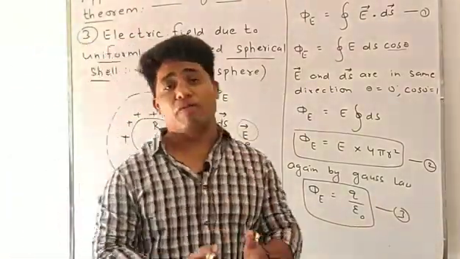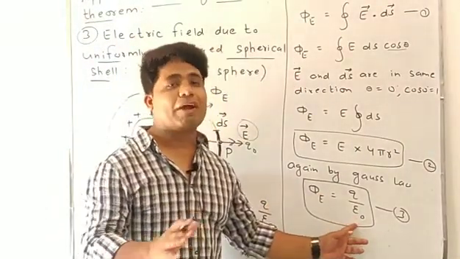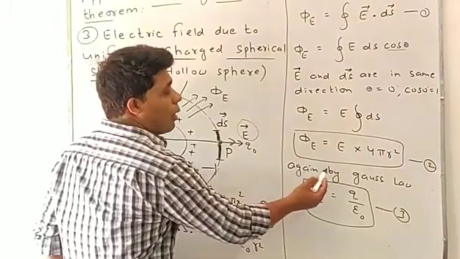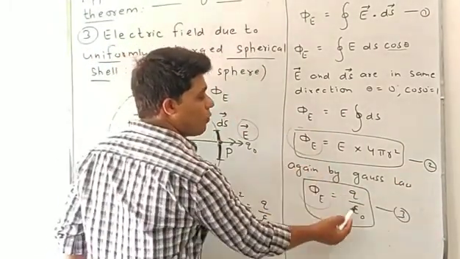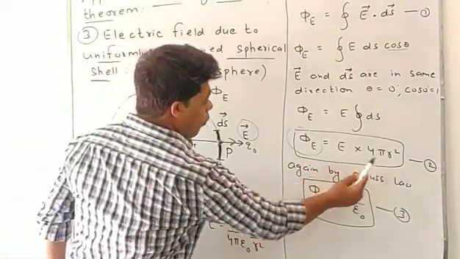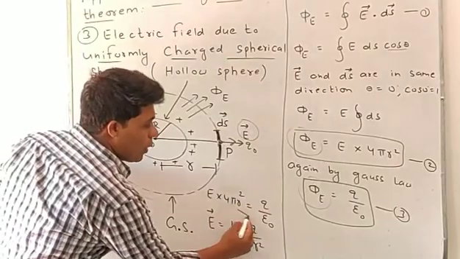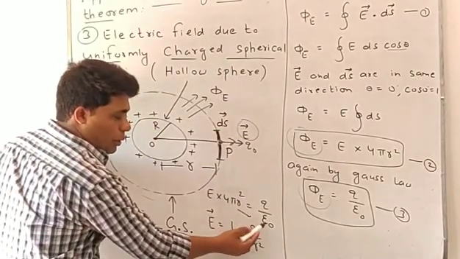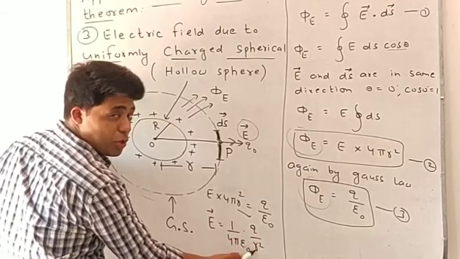Now students, again we are applying Gauss theorem. We know phi equals q by epsilon naught, and we compare both. Comparing the second and third equations, when the left hand sides are equal, the right hand sides will also be equal. So E into 4 pi r square equals q by epsilon naught. 4 pi goes to the denominator, 4 pi epsilon naught, q as it is, r square in the denominator.